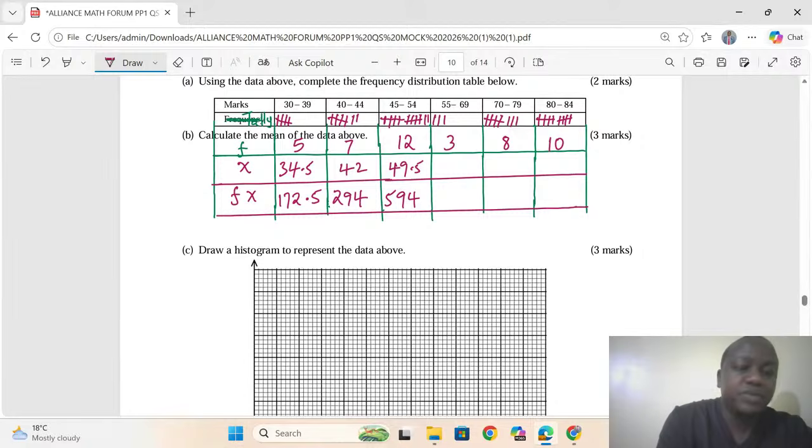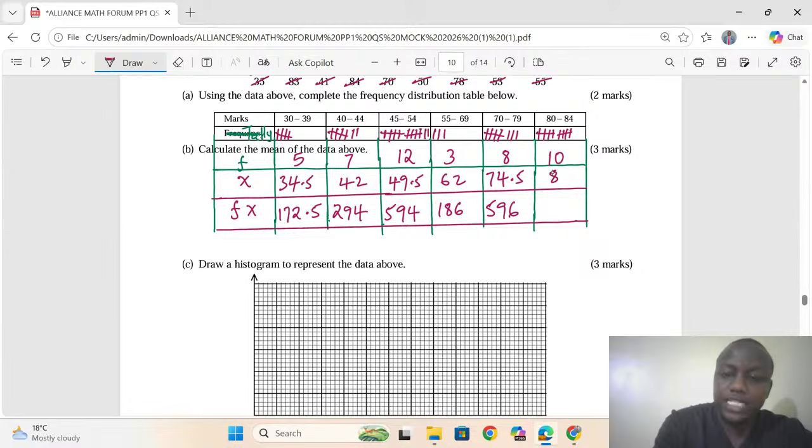Then we divide by 2, a midpoint of 62, times a frequency of 3 to get 186. 70 to 79, we divide by 2, we're getting 74.5. Then times 8, we get 596. We are having 80 to 84, we get 82 as the midpoint. Then times 10, 820, like that.